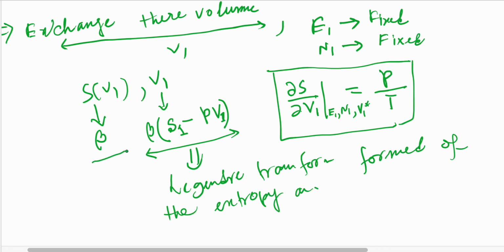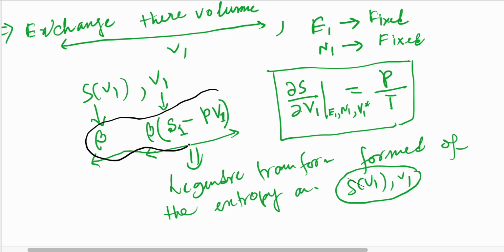You can write this description either in terms of E1, V1 or in terms of temperature and P V1. So that's that.